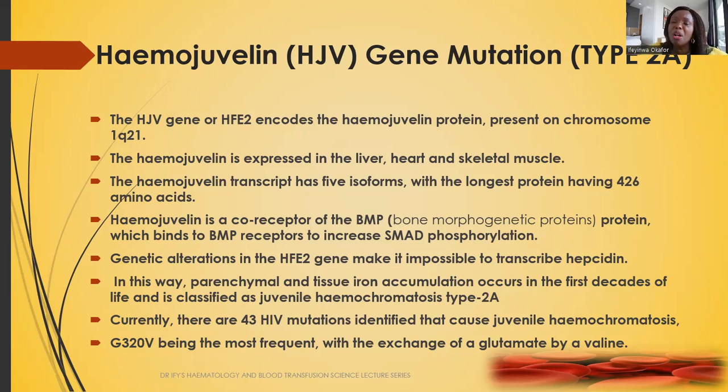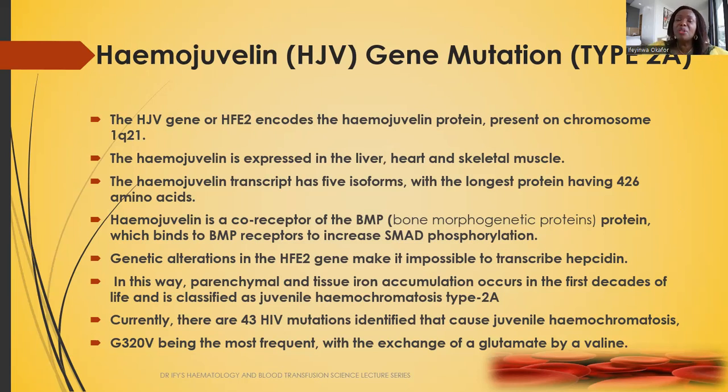But the most common of them is the G320V allele, which is the most frequent. In this particular mutation, there is exchange of glycine by valine.